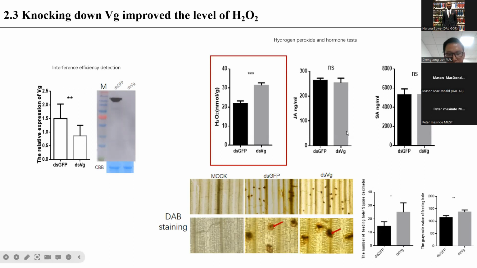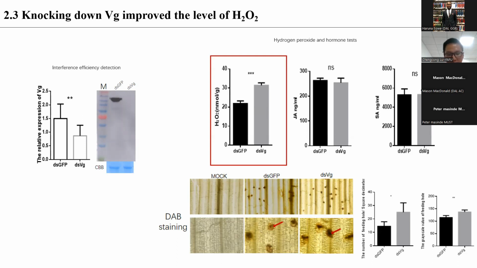The result showed that there was no significant difference in JA and SA levels between the treatment group and the control group, while the hydrogen peroxide level was significantly increased.